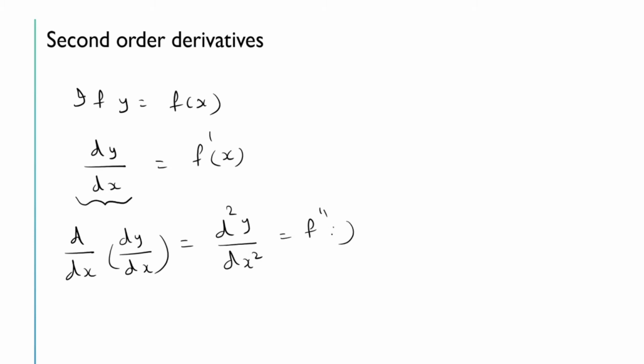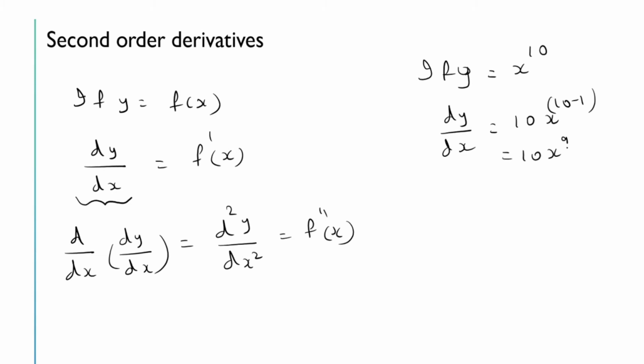Say for example, let us say y is equal to x raised to 10, then dy by dx is equal to 10 into x raised to 10 minus 1, or it is equal to 10 into x raised to 9. Now if we differentiate this function again, then that is called the second order derivative.